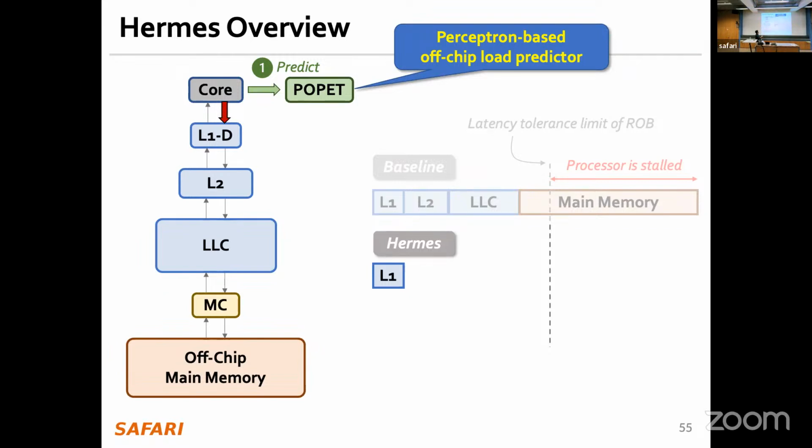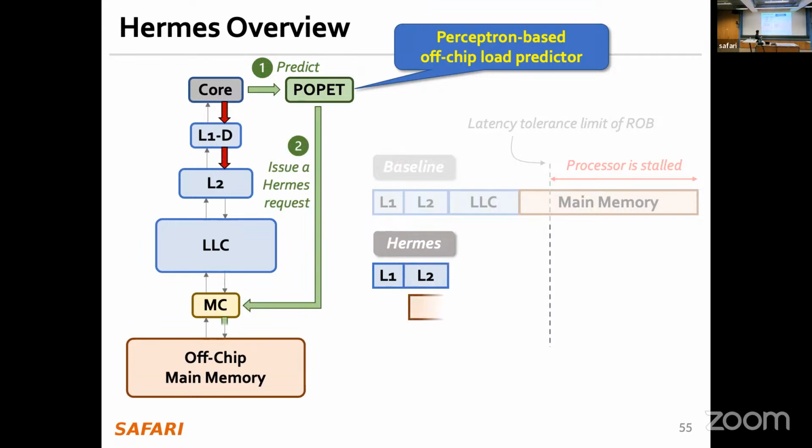So Hermes needs to wait for that address translation to finish, which happens in parallel with L1. Once you have the physical address, Hermes issues a request directly to the memory controller to start fetching the data from main memory. At the same time, the main request is also accessing the cache hierarchy.